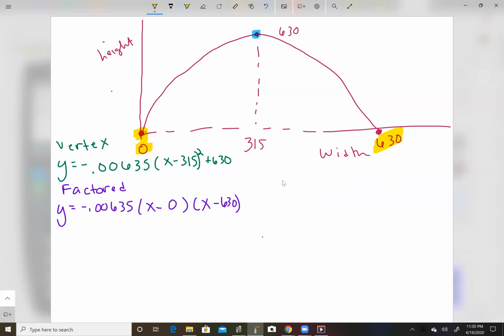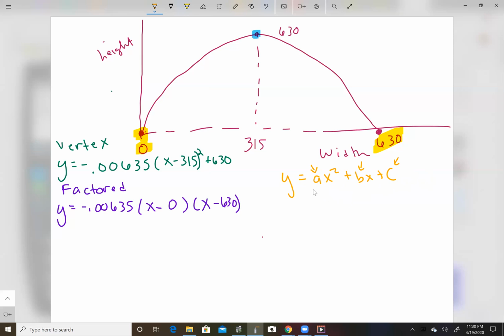So standard form, if you remember, is y equals ax squared plus bx plus c. This is what we used for projectiles. And remember, b was the velocity, c was our starting value, and a was speed due to gravity.